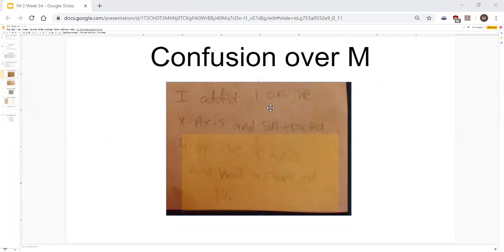So please make sure you are not confusing your M. They say one thing right here and then they give us a different slope. These slopes do not match each other. Thank you, Sandra, for volunteering.